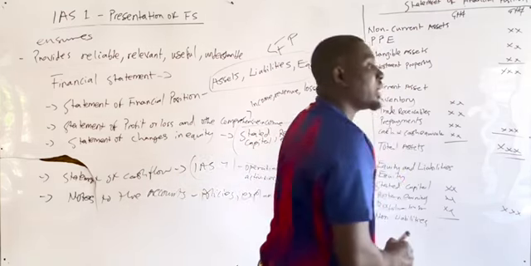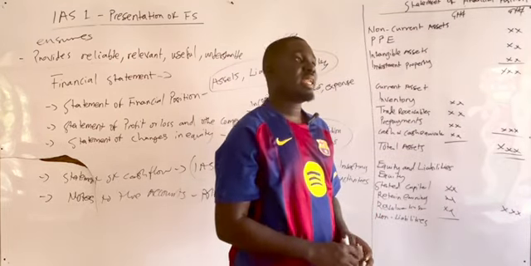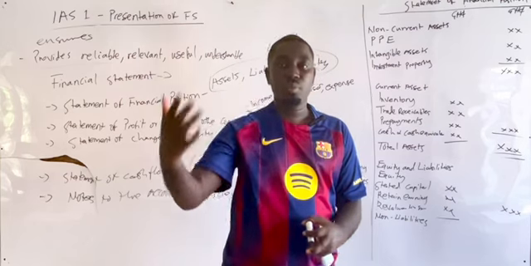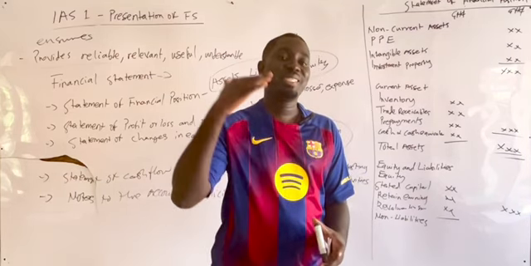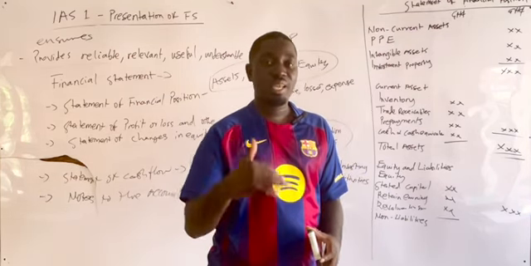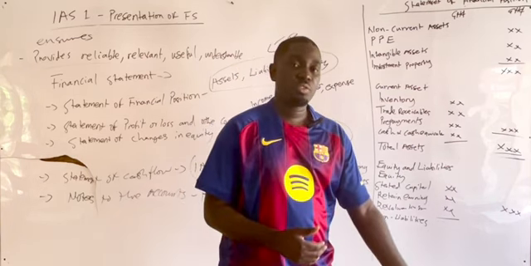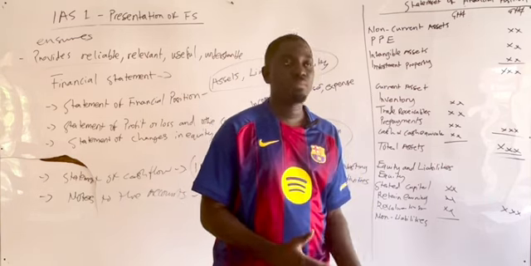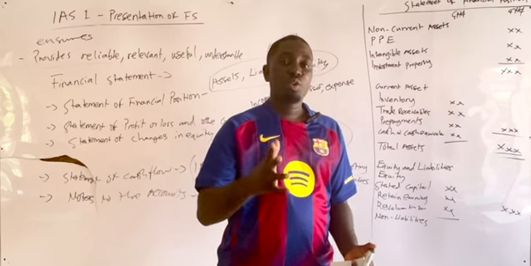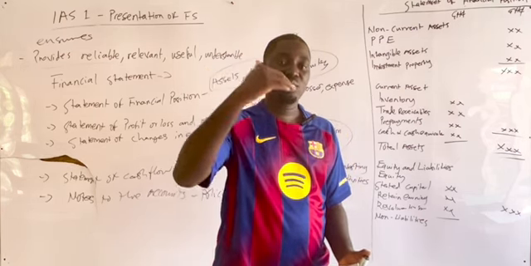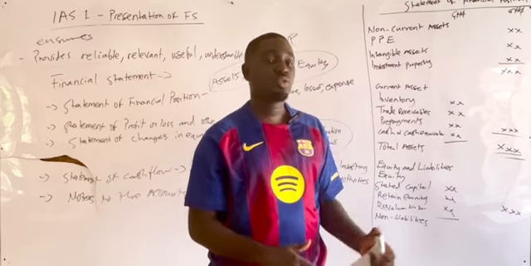So when we talk about the non-current liabilities, they are the owings. Let's say the company is owing people. So the owings that will exceed 12 months after the reporting date. If you are going to report at the end of December 2025, owings that we know that after December 2025, in 2026, we are still not going to settle.